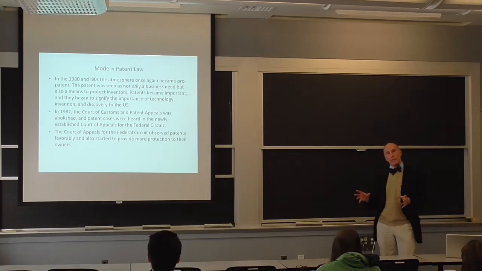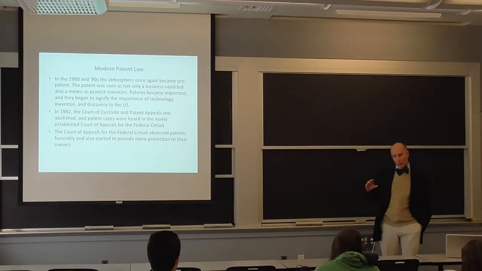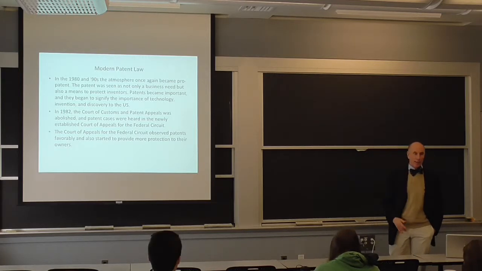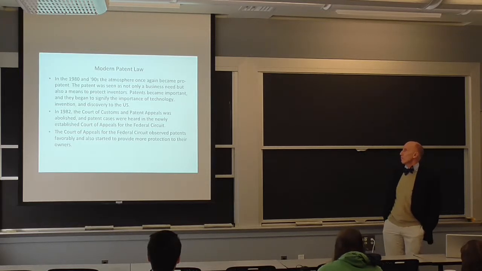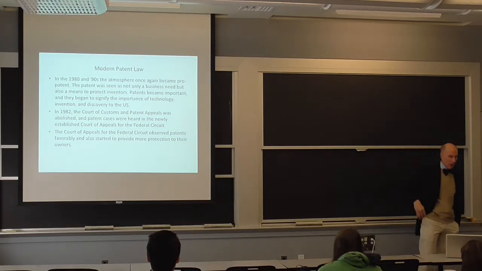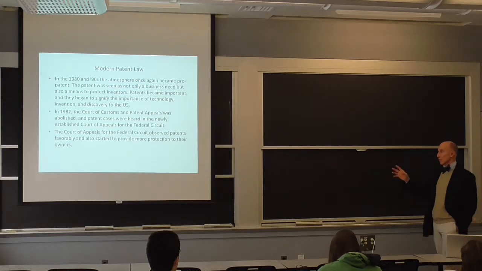Basically, what Congress did is they created a court that was going to hear nothing but patent cases from all over the country. And the Court of Appeals for the Federal Circuit observed patents favorably and also started to provide more protection to their owners. It was decided that we really needed a court that specialized exclusively in patents, and that was this court.